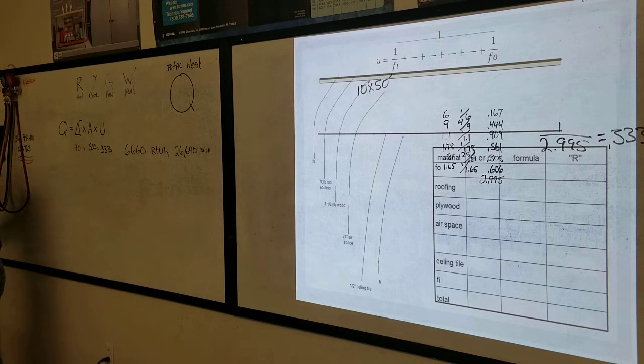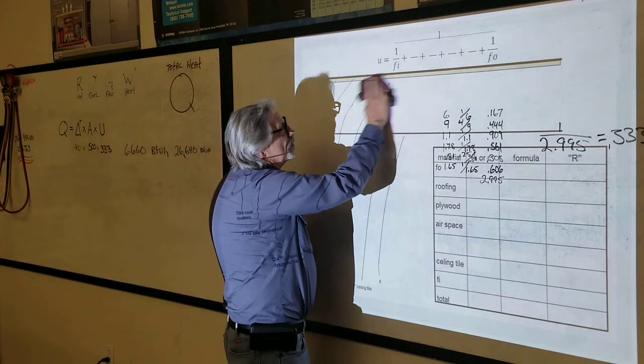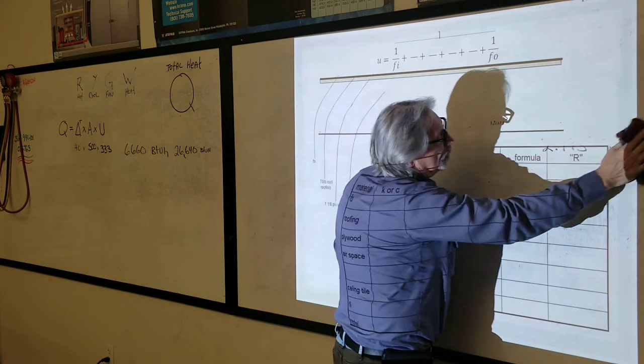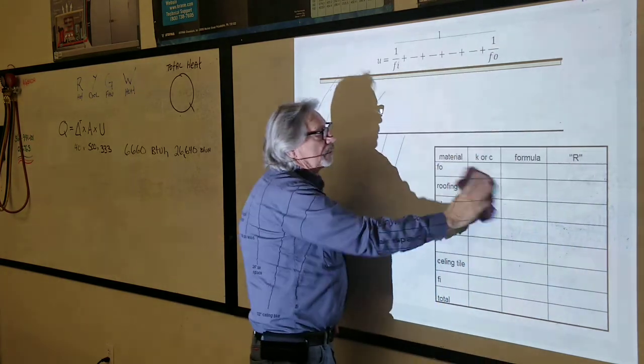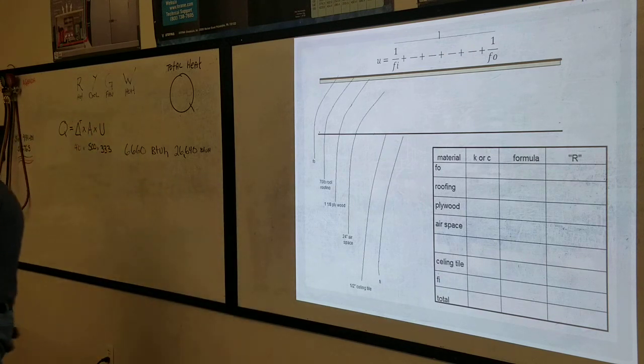Okay, so we know what size our walls are, right? So if we know how long our walls are, we know what our square footage of our roof is too.